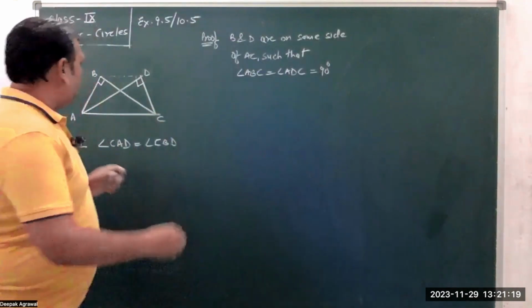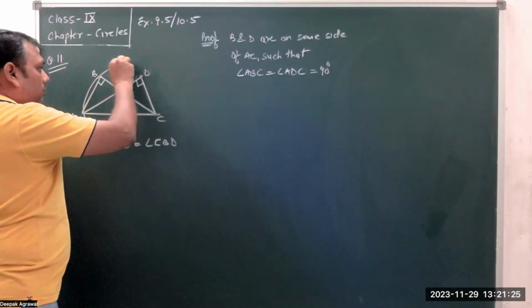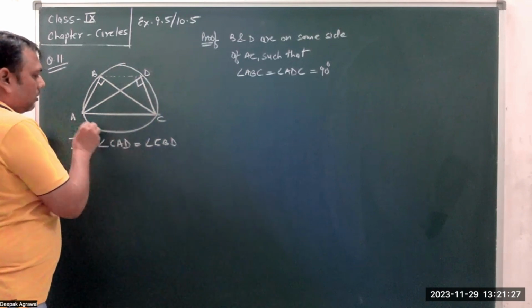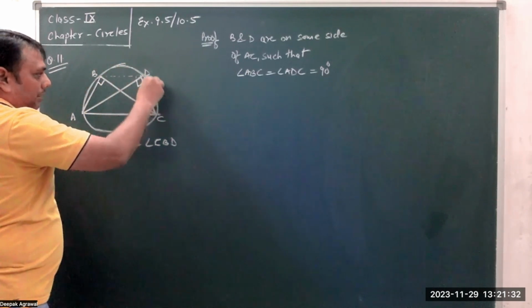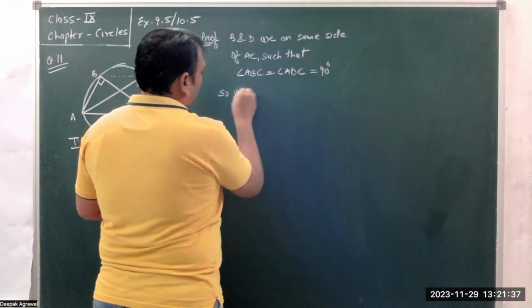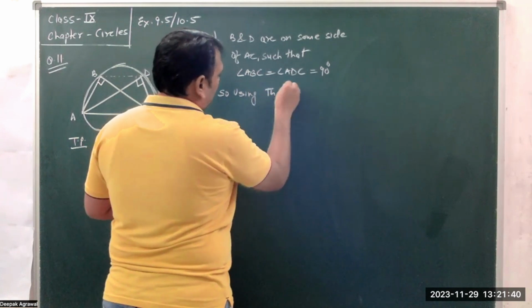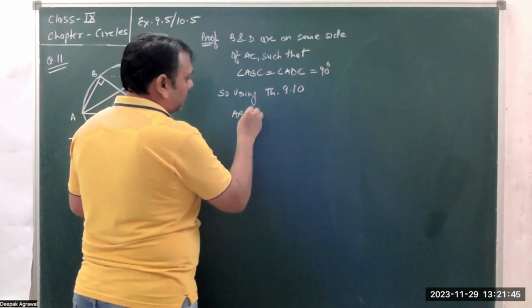So using theorem 9.10, I can say that these 4 points are concyclic. That means they will lie on a circle. It cannot be drawn as a perfect circle because the diagram is just hypothetical, but these will be concyclic points. So using theorem 9.10, we can say that A, B, C, D are concyclic.